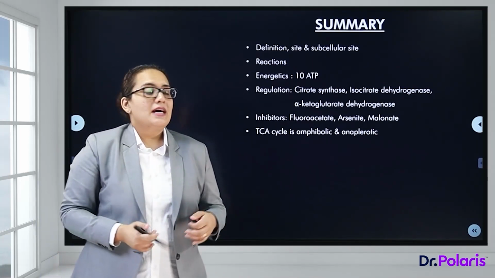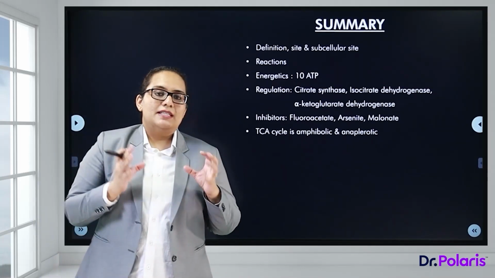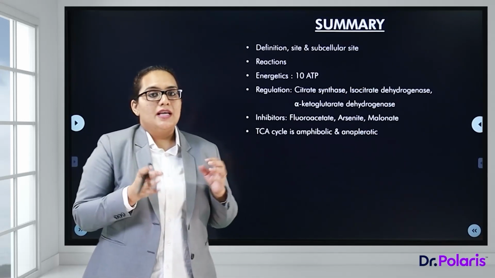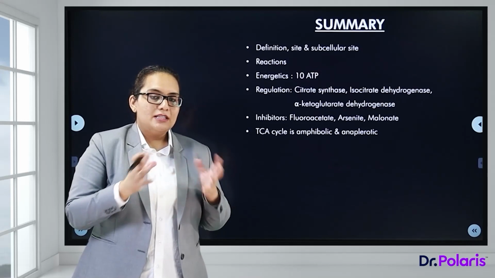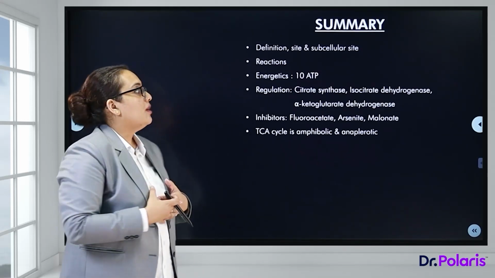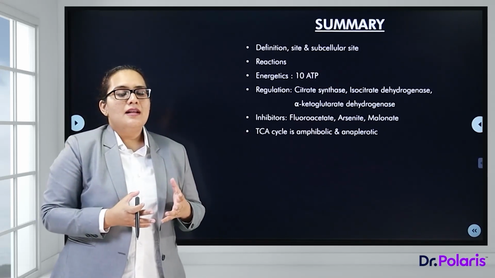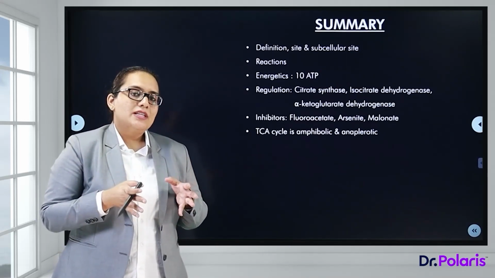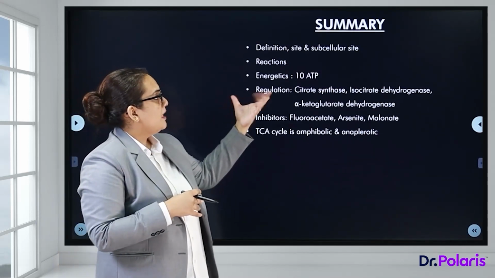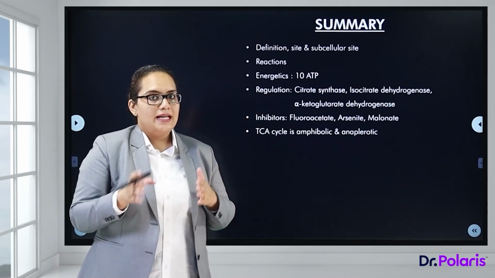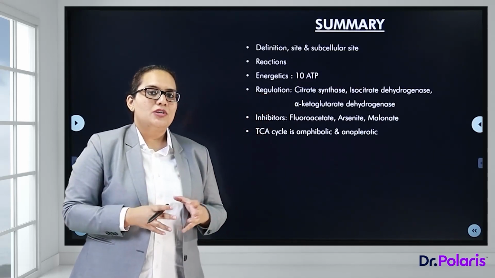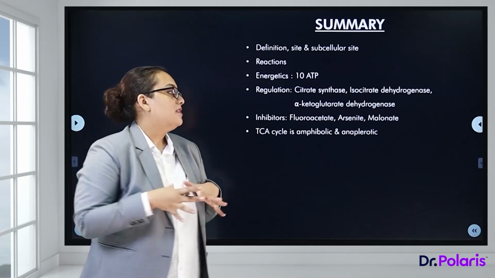To summarize what was done: the TCA cycle is the oxidation of acetyl-CoA to carbon dioxide and water. Energy is produced, and along with that, the intermediates of the cycle are utilized for the formation of important products in the body. It occurs within most cells, in the mitochondria, with the exception of RBCs, which lack mitochondria. Coming to reactions, there are 8 steps, 8 enzymes, and the total energetics formed at the end of the oxidation of acetyl-CoA is 10 ATP.